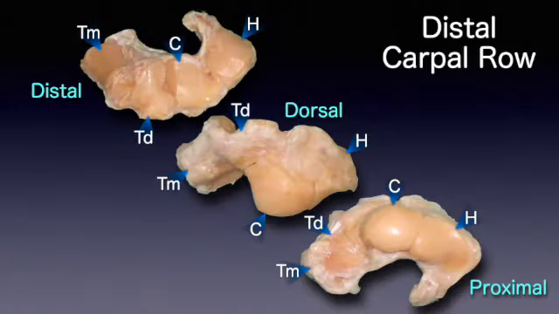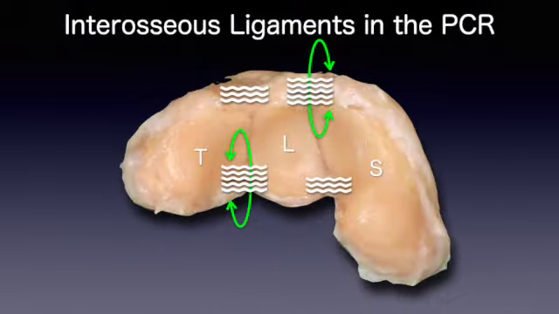The distal carpal row consists of four distal carpal bones firmly connected by interosseous ligaments, and there is little movement among their joints. However, the interosseous ligaments of the proximal carpal row are somewhat loose, so as to allow some movement between the scaphoid and the lunate and between the lunate and the triquetrum.